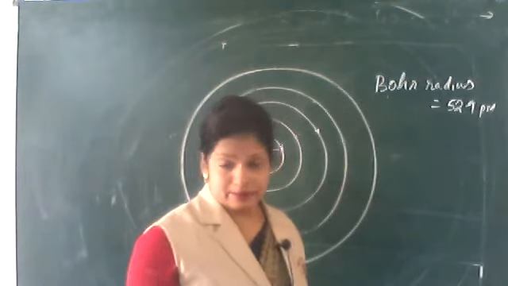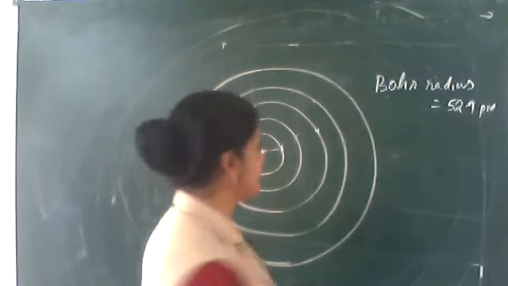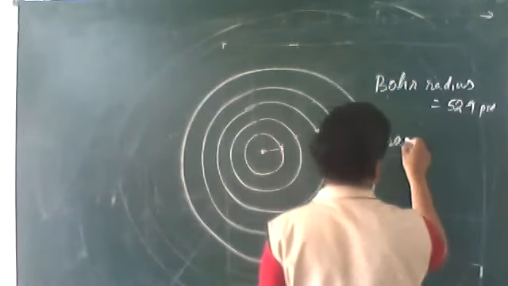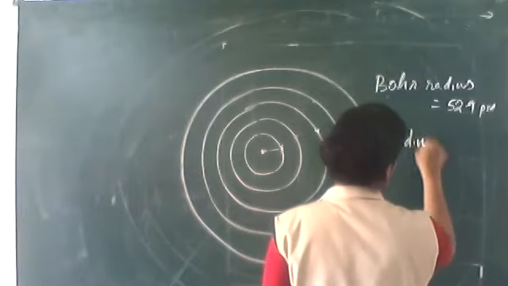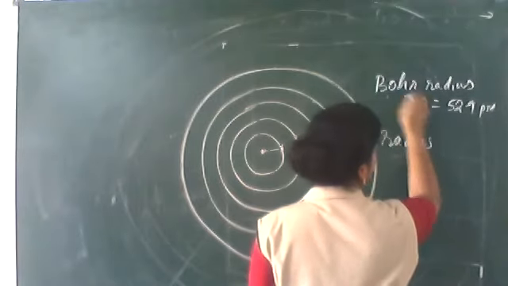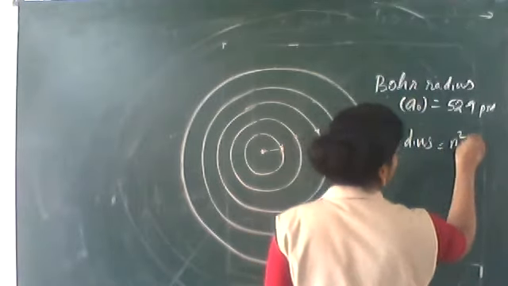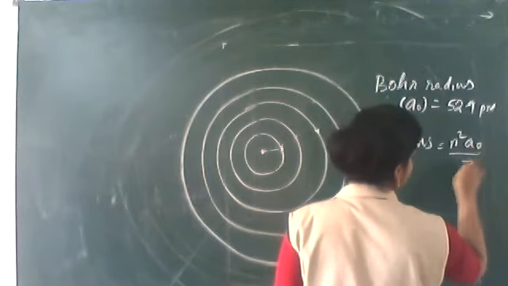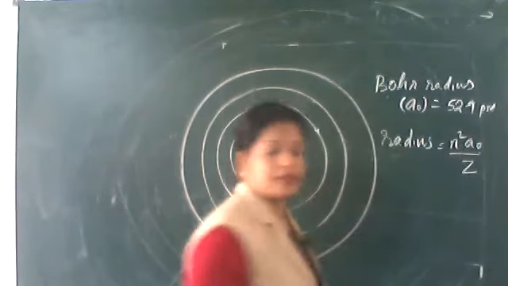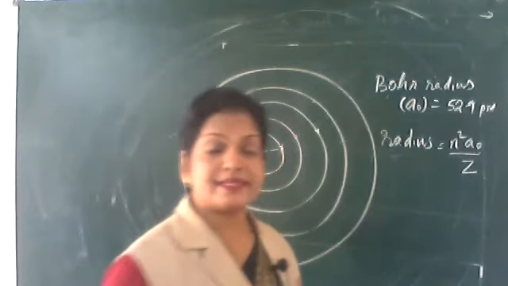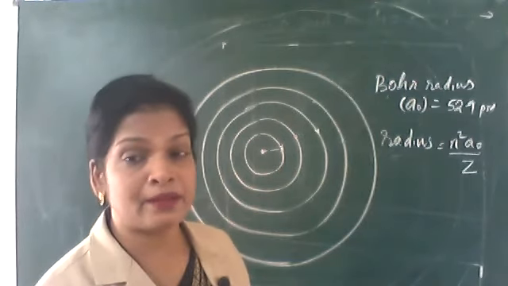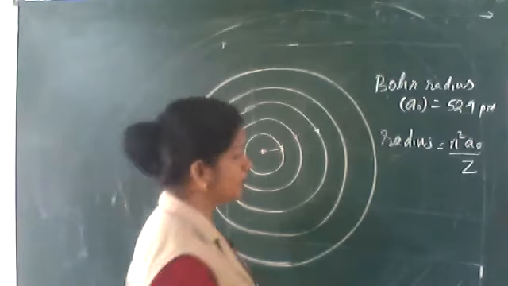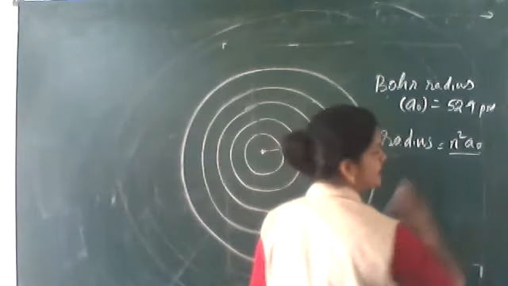Other radii, meaning higher orbits' radius, is given by n square a naught upon Z, where a naught is the Bohr radius, Z is the atomic number and n is the orbit number. In the case of hydrogen, Z is equal to 1.